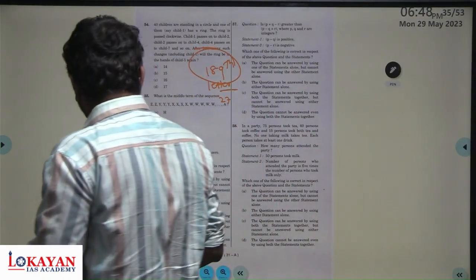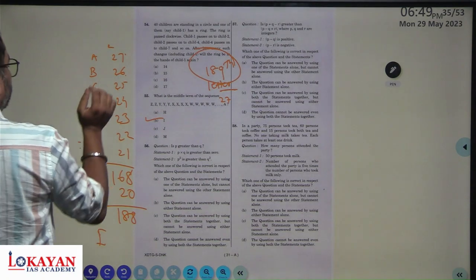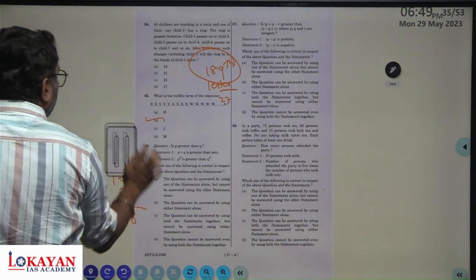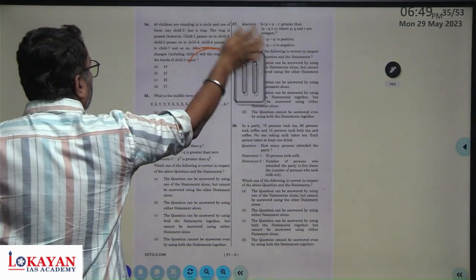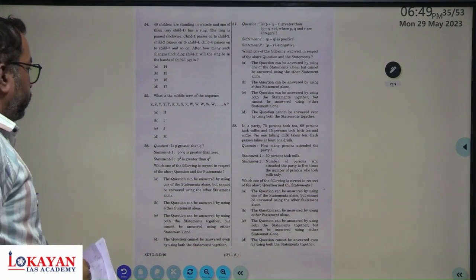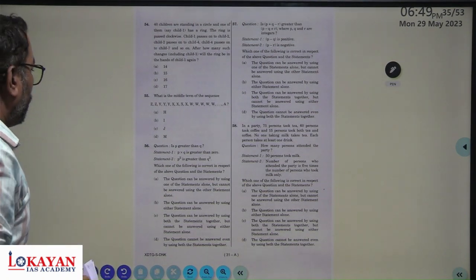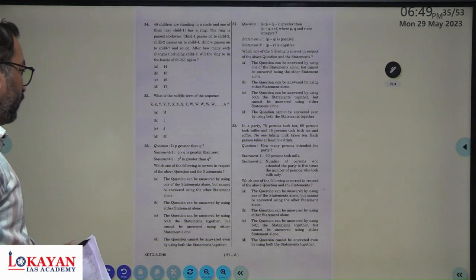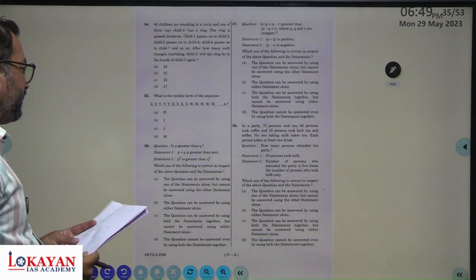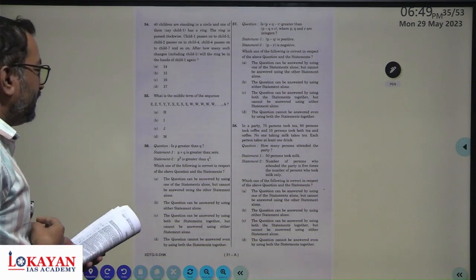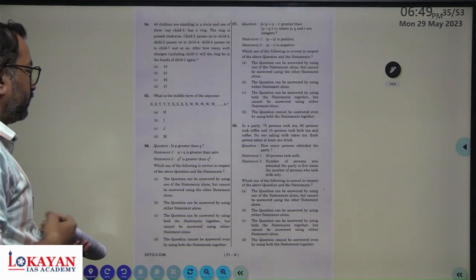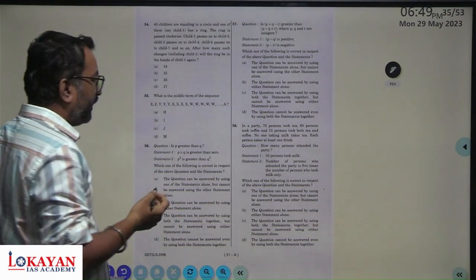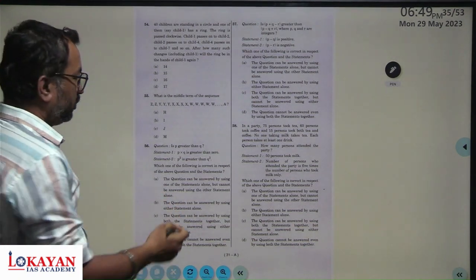Question number 56. Is P greater than Q? Statement 1 says P into Q is greater than 0. But does that tell us whether P is greater than Q?